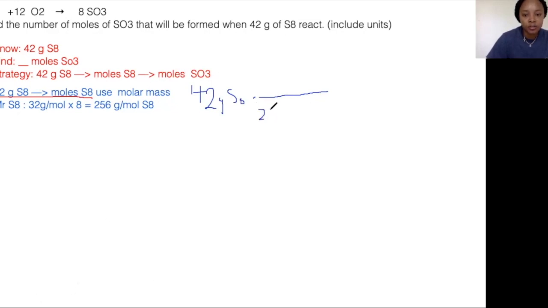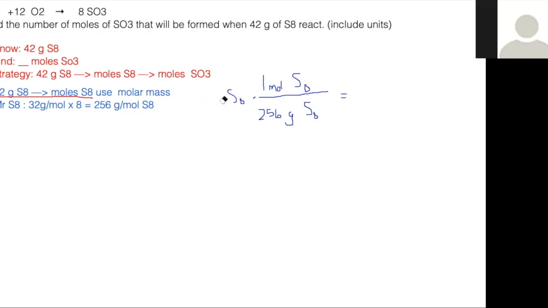Let's put our 256 grams on the bottom, and then on top, you're gonna put 1 mole of S8. Then we just pop that in our calculator: 42 divided by that.